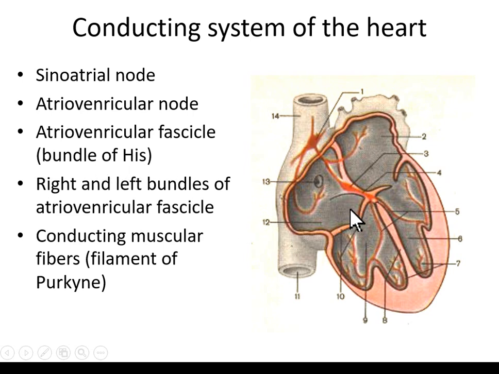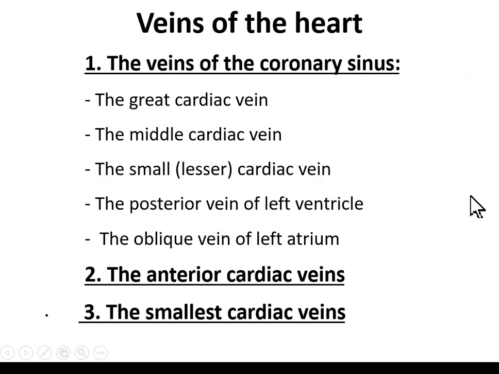The bundle of His lies inside the intermuscular septum and subdivides into the right peduncle and left peduncle, the bundles. They continue into the Purkinje fibers. These are elements of the conductive system of the heart, which regulates the autonomic contraction of the heart.